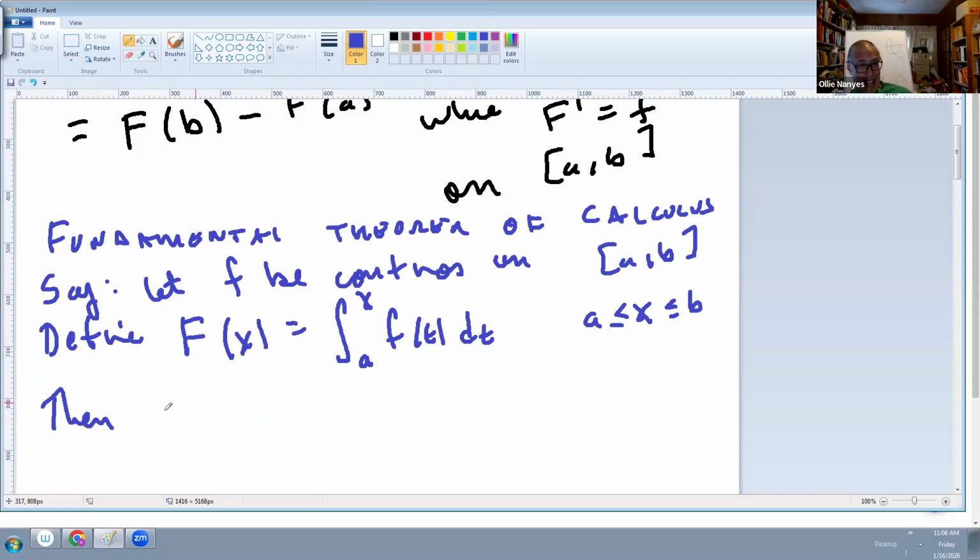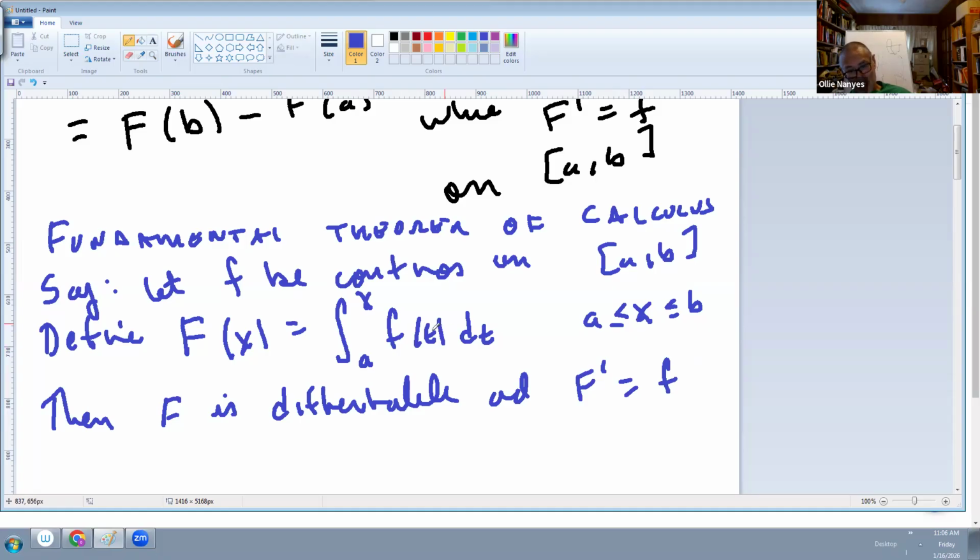Then F is differentiable, and the derivative of this function is actually equal to the integrand, the function you're integrating on this interval. That's what the fundamental theorem of calculus says.